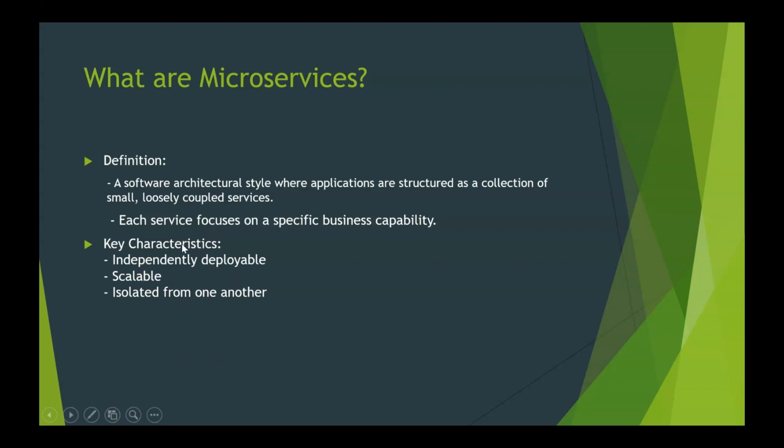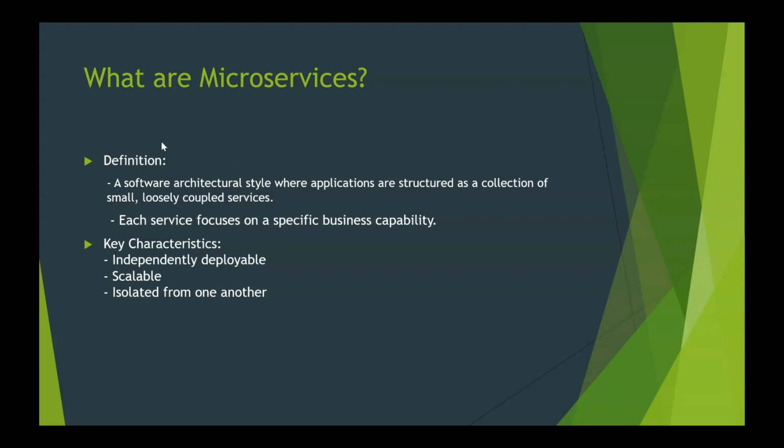These are some of the characteristics of microservices, like being independently deployable. You can deploy the services without depending on each other. That means if you have, suppose, 10 microservices, you can deploy all 10 of them or you can deploy any one of them at one time. They are not dependent on each other.